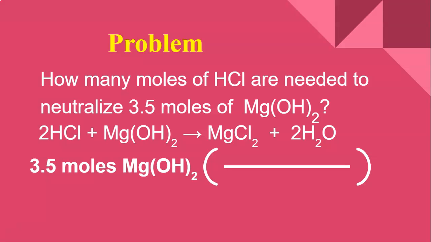In my upper left corner, I'm going to put my given, which is 3.5 moles of magnesium hydroxide. To get rid of magnesium hydroxide, I have to put it on the bottom of my T-chart or my fraction chart. Okay, and I'm going to put 1 because if we notice right here, there is no coefficient, but since I write it, I have to put 1.